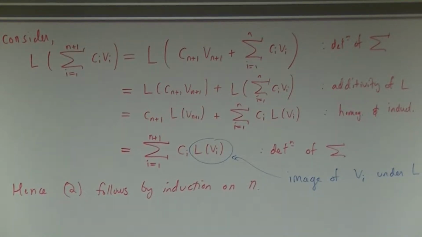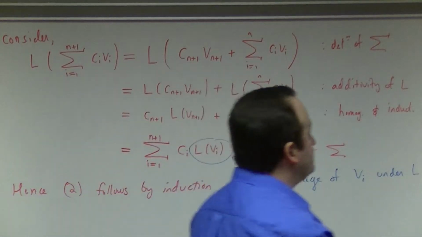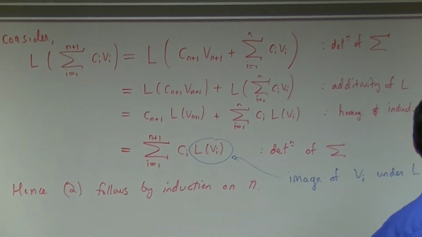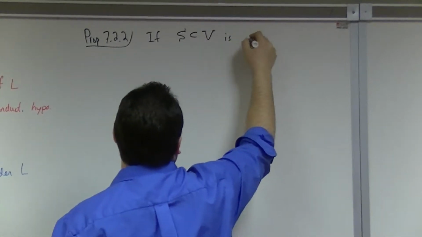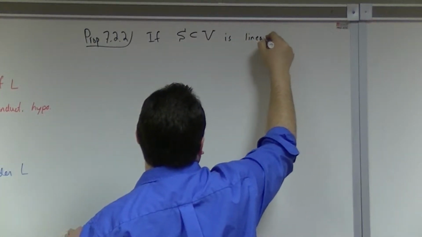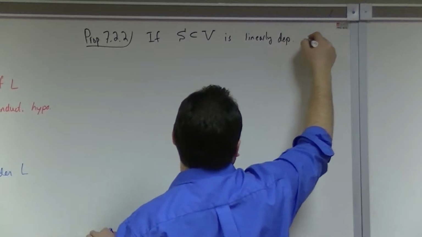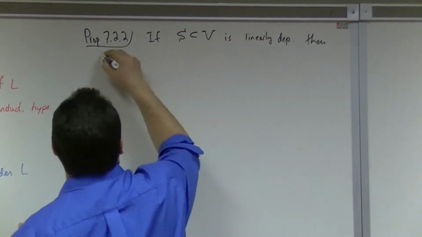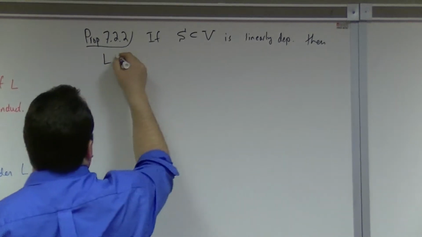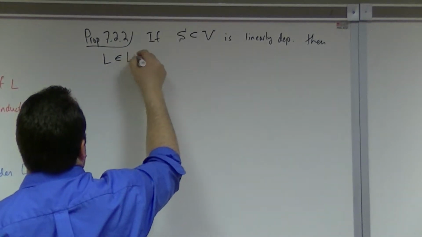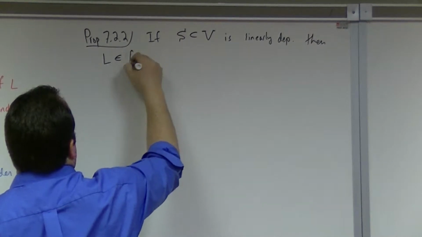All right, so proposition 7.2.2. If S, a subset of V, is linearly dependent, then L, and I'm getting tired of writing this, so let me say L is an element of L(V,W).